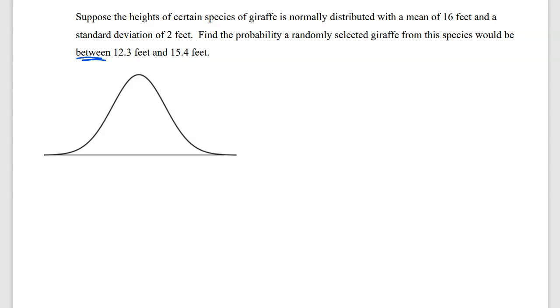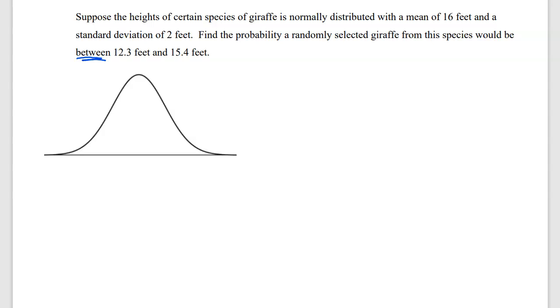The difference here is we have to find the z-scores first. And so the biggest challenge is actually calculating the z-score first and then looking those up.